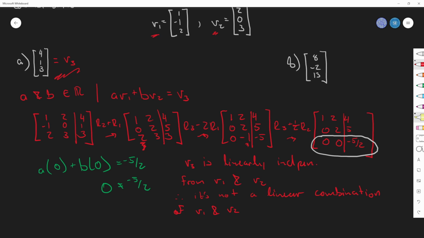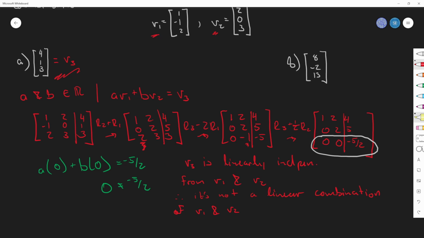The only exception is if you let the constants a, b, all the way to as many letters, equal 0, and so in this case it's not going to hold true that our third vector is a linear combination of the other two.